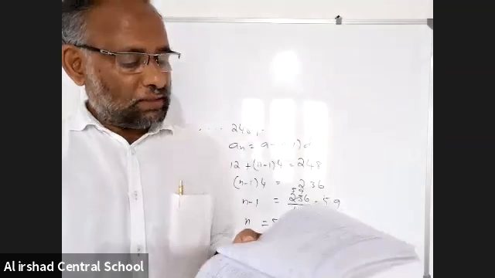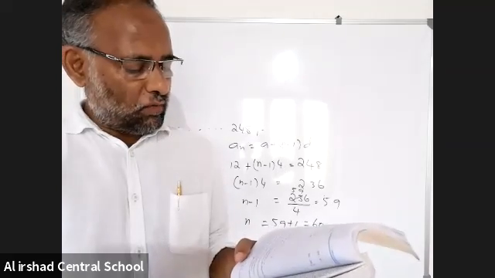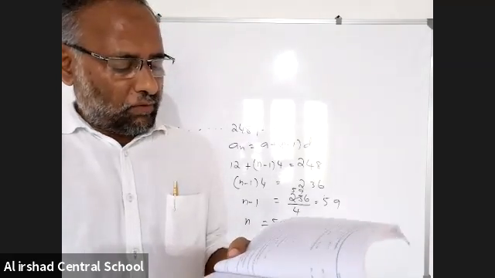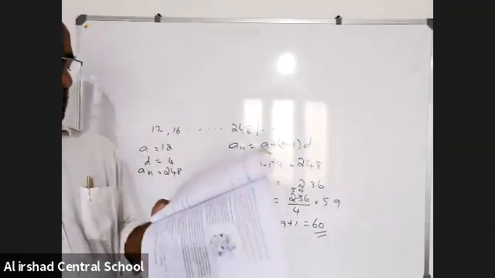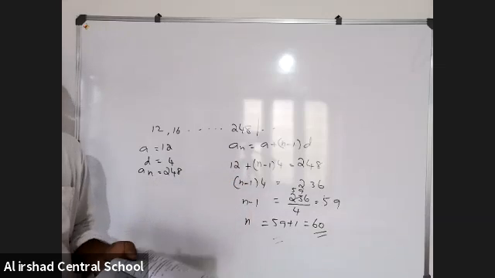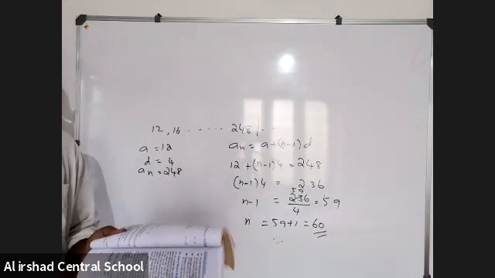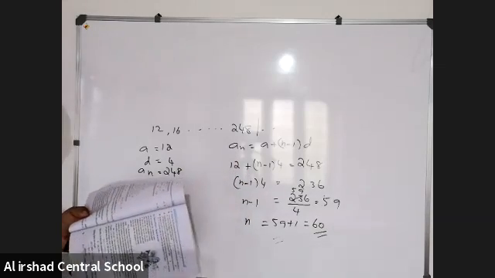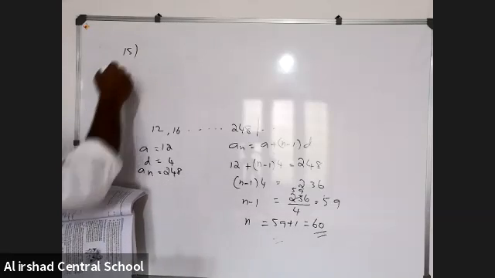So what is the difference there? For what value of n are the nth terms of the APs 63, 65, 67 and 3, 10, 17 equal? Both are equal. How did you make the equation?